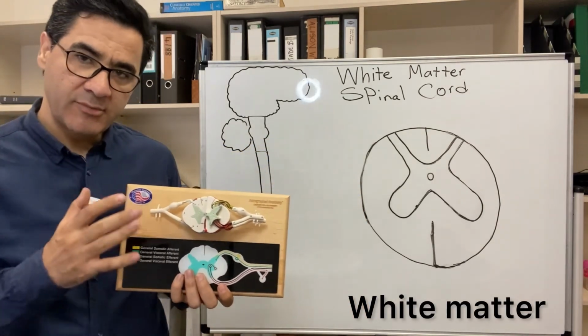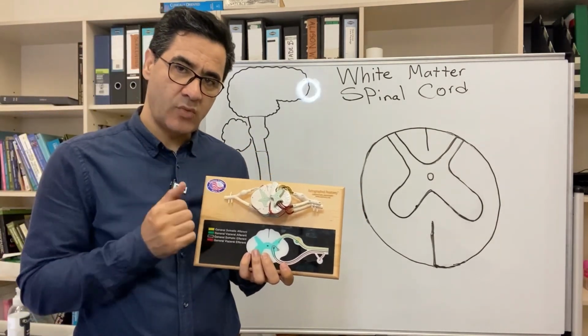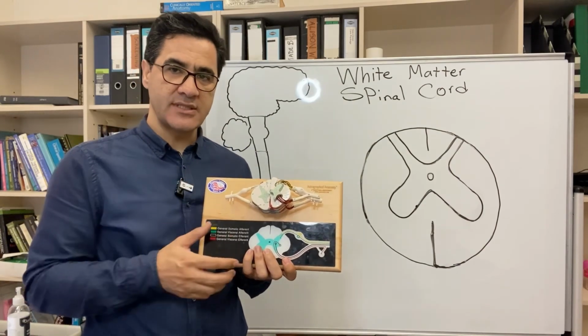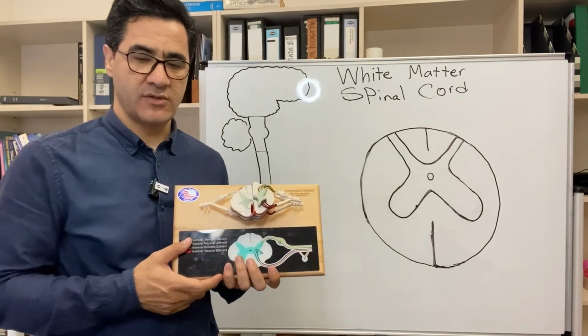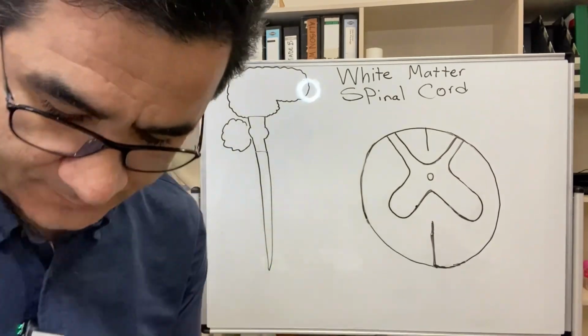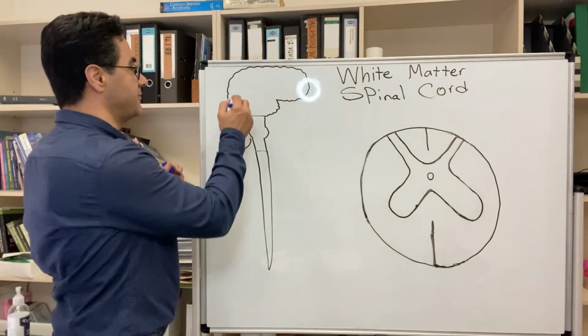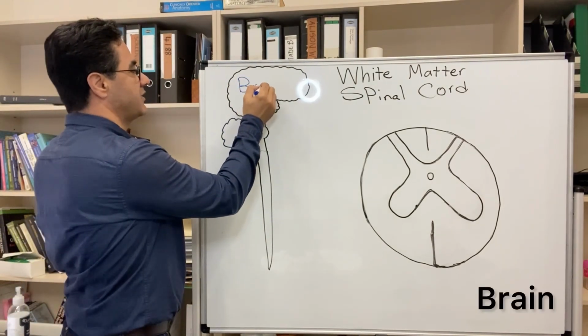So I'm going to show you what the white matter is, what the content of the white matter is, and what the function of the white matter is. As you see in this image, at the top we have the brain.